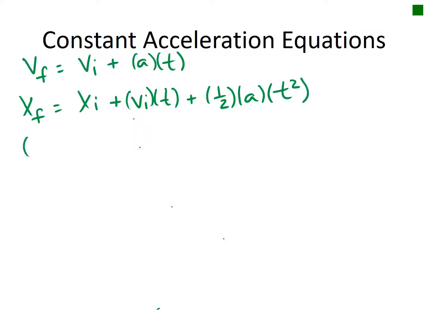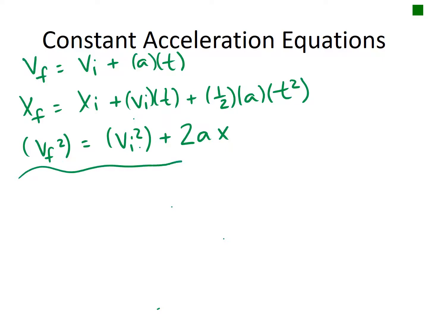And then finally, we have VF squared equals VI squared plus 2AX. So, what do all these things mean? Let's go to the meanings.